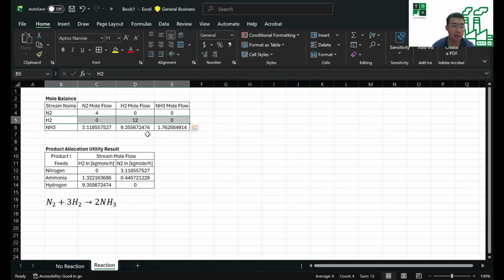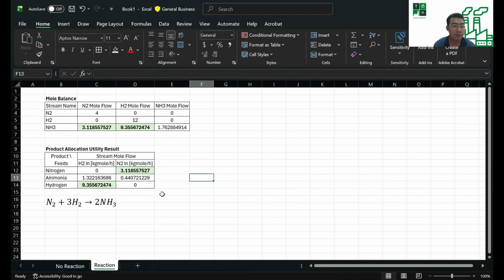First, from the unreacted reactants, we have hydrogen and also nitrogen here. If we look at the mole balance, this number we get directly from the outlet, from here and also from here. So we can directly get the number from the feed stream.